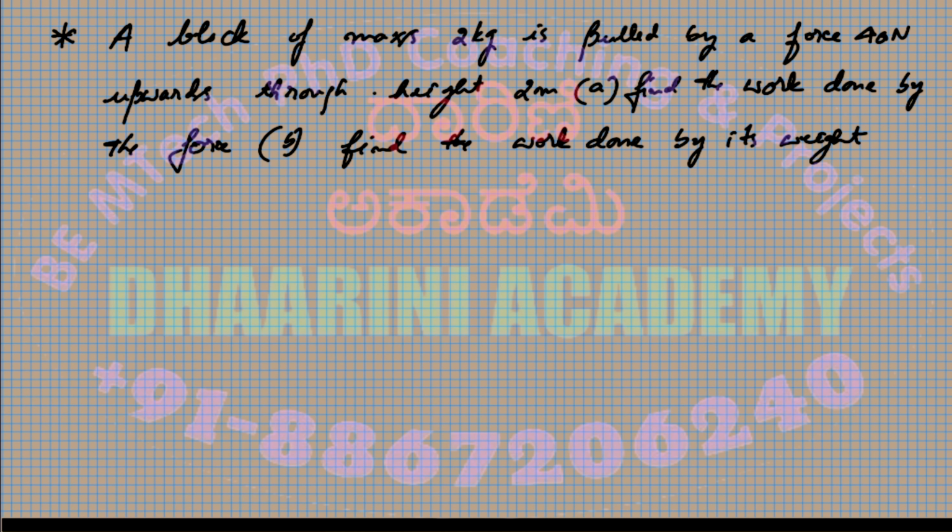Okay, first let's calculate the weight. Weight is equal to m into g. Let us say that g is equal to 10. So mg, that is the weight, 2 into 10, so that is always a 20 Newton force acting downwards.